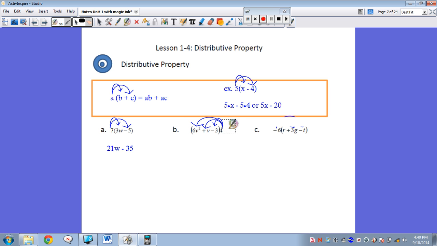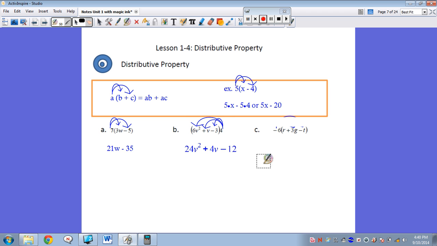You're going to take 4 and multiply by the v, and then you're going to take 4 and multiply by 6v squared. Okay, that's going to leave you with, if you do 4 times 6v squared, that's 24v squared. 4 times v is a positive 4v, and then 4 times negative 3 is a negative 12.